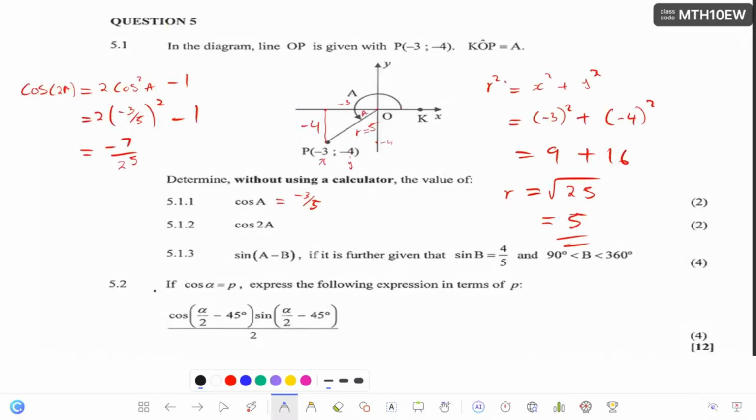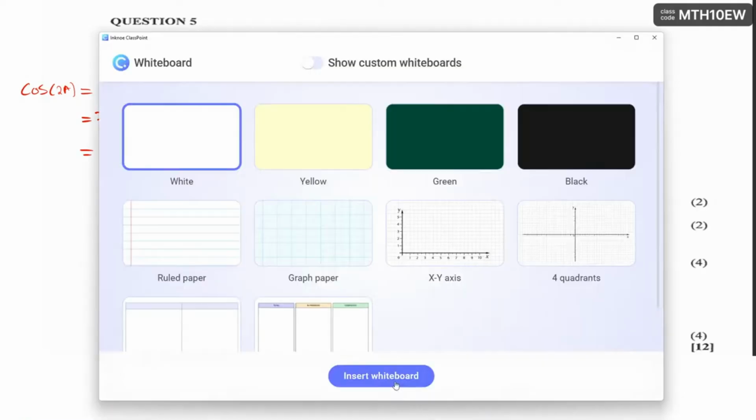So now they said for 5.2, if cos alpha is equal to P, express the following expression in terms of P. We're given the following expression, so we need to express that one in terms of P. So okay, let me open a new page.